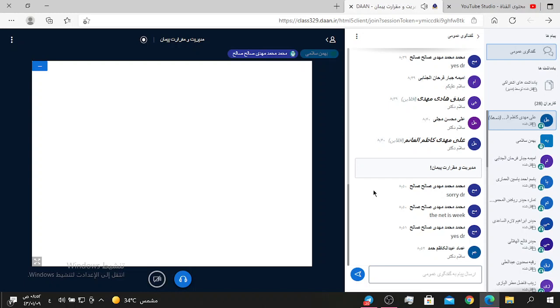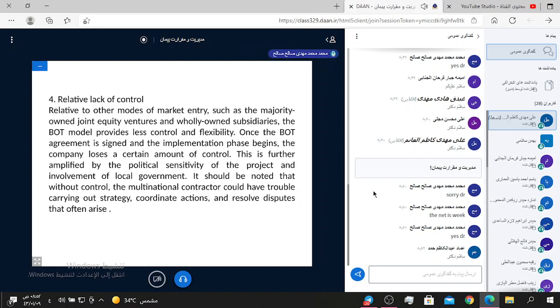Number 4, relative lack of control compared to other modes of market entry, such as majority-owned joint equity ventures and worldwide subsidiaries. The BOT model provides less control and flexibility once the BOT agreement is signed and the implementation has begun.